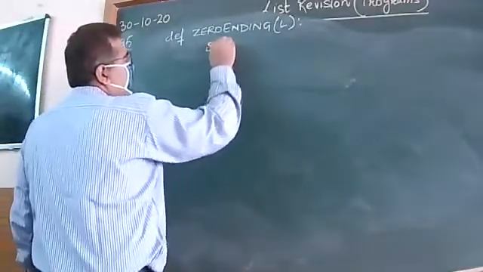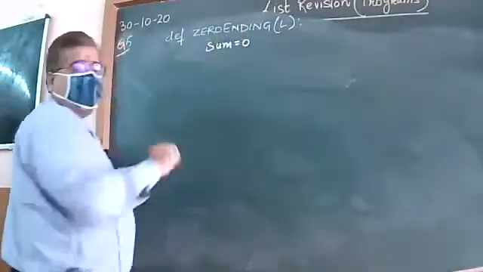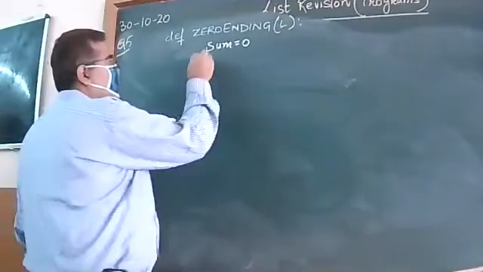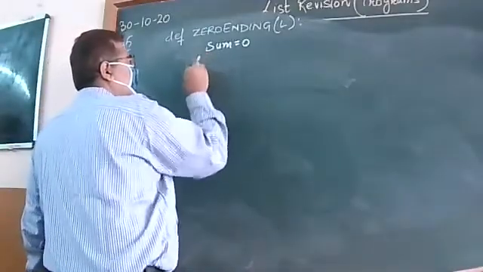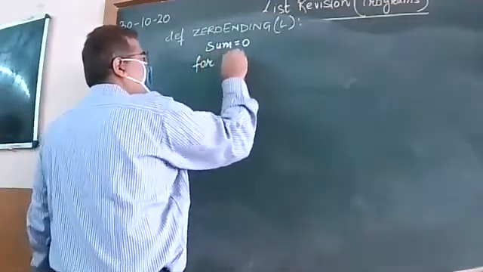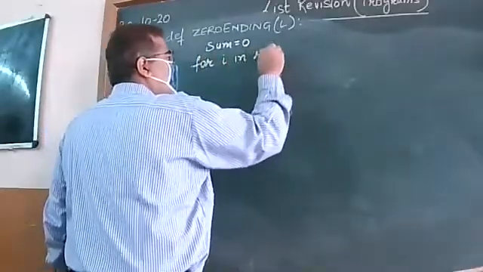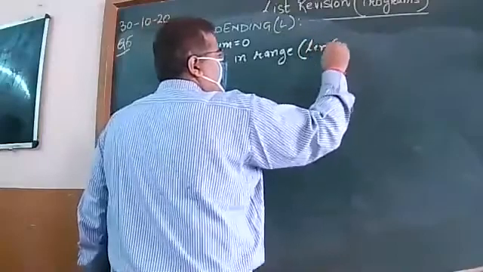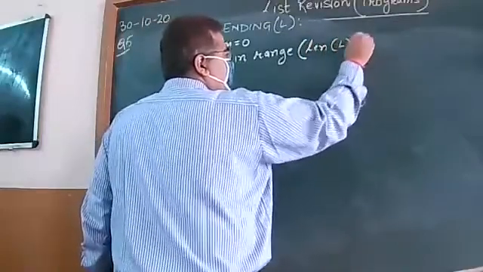I am taking one variable sum and I am initializing it with 0. For I in range, I am finding the length of the list.